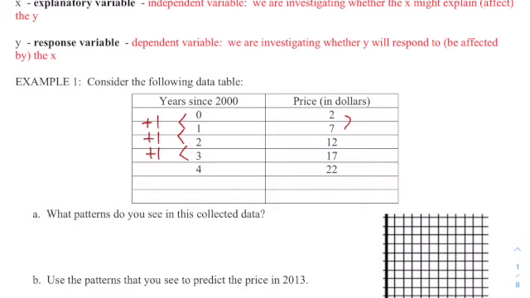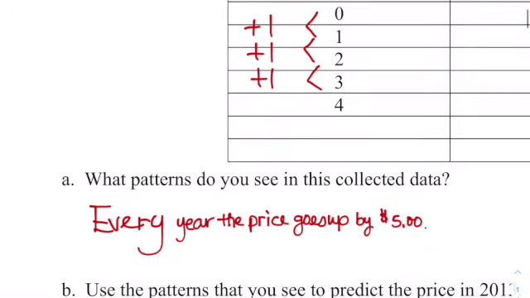And this one is going up by 5, this one is going up by 5, and this is going up by 5. Because of that, you can say every year the dollar amount goes up by 5. That's A. What pattern do you see in this collected data? Every year, the price goes up by $5.